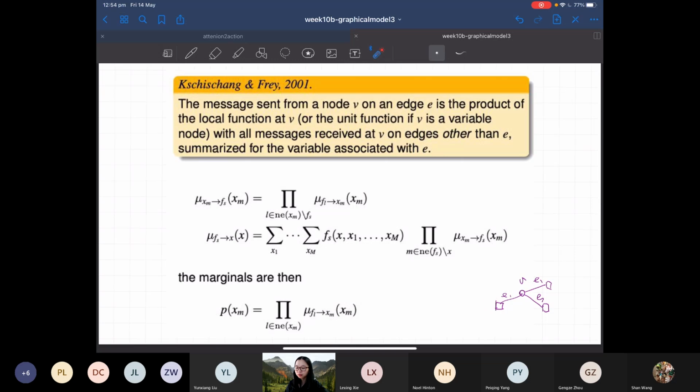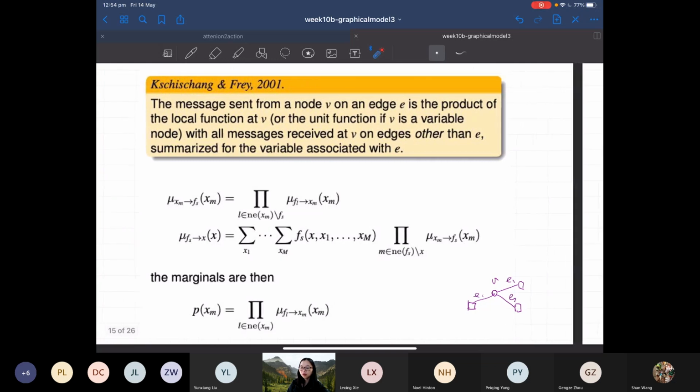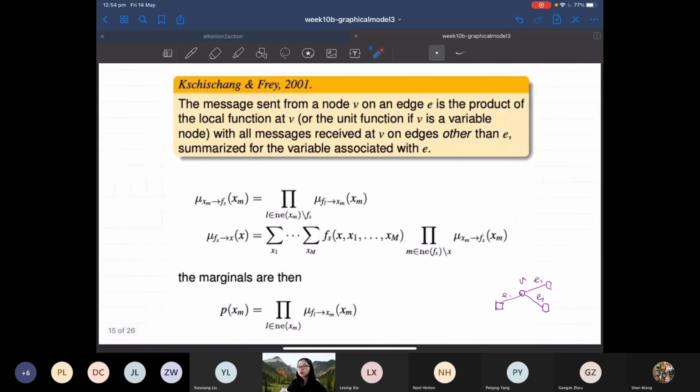So there's an implicit direction, and then summarized for the variable associated with E, where summarized here means summed over, marginalized over. So this is a shorter, more compact expression of the sum product algorithm in general.